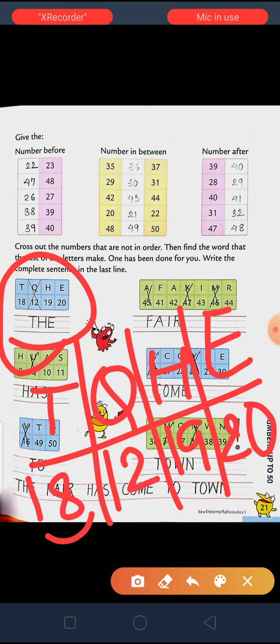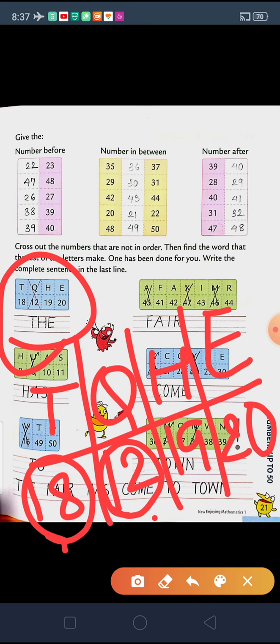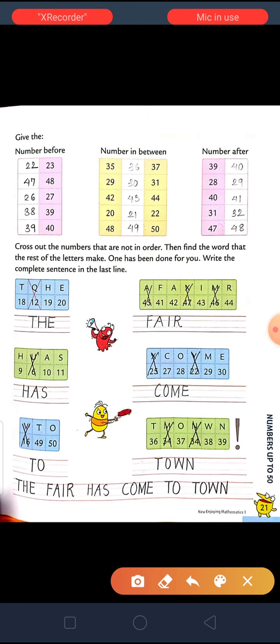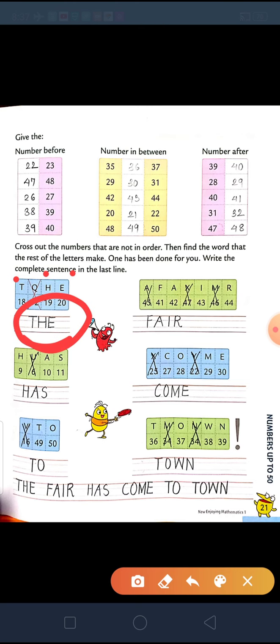According to this, 18 is in line, 12 comes actually before 18, so 12 should not be here. Then after 18, 19 comes, so this is right, and after 19, 20 comes. So this column we will cancel. So which letters will be remaining? T H E. So you have to write in these lines. So the word becomes the, T H E, the.